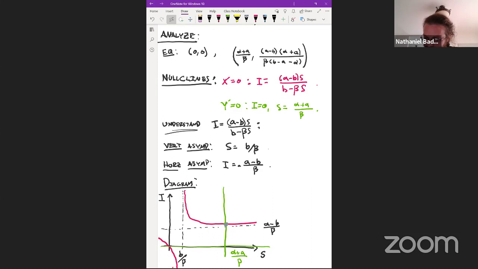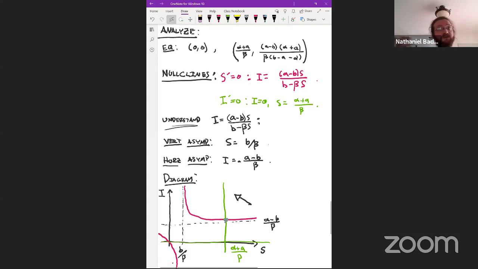So decreasing in S, increasing in I. Then we cross an I equals 0 nullcline, so I switches signs.